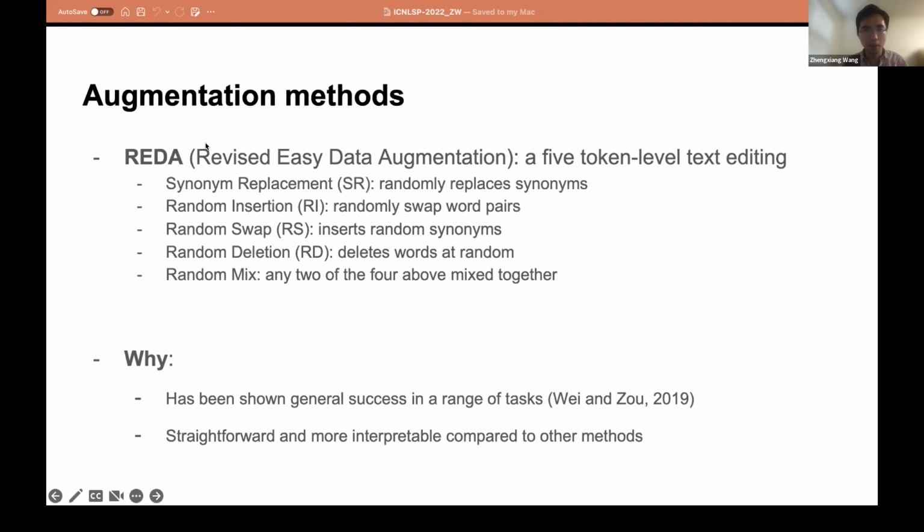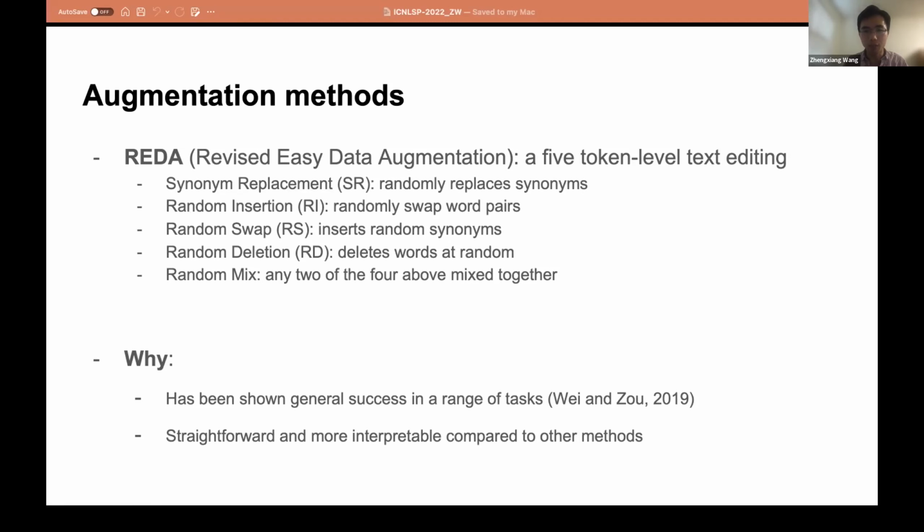The augmentation method I used is called REDA, Revised Easy Data Augmentation, which is inspired by a program called Easy Data Augmentation. It consists of 5 token level text editing operations: synonym replacement, random insertion, random swap, random deletion, and random mix. The reason why I use these simple token level editing operations is because they are simple.